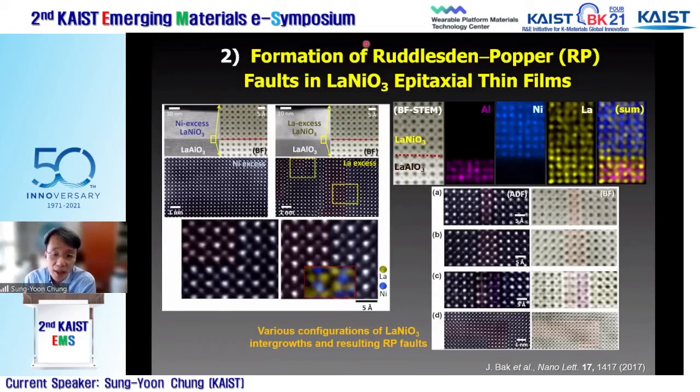In this example, this study actually triggered our study of the ruthenium nickel thin film. When we fabricate the thin film by using the sol-gel process, two different types of thin film can be observed.